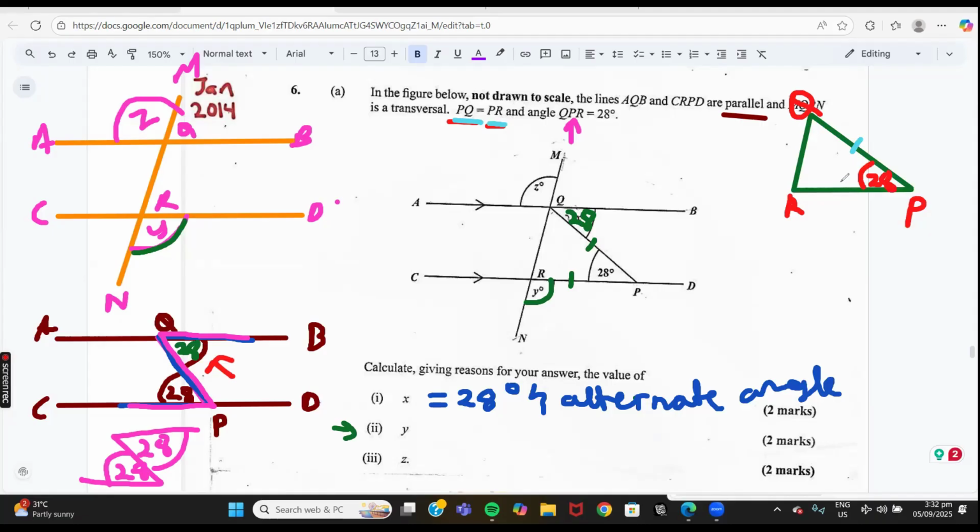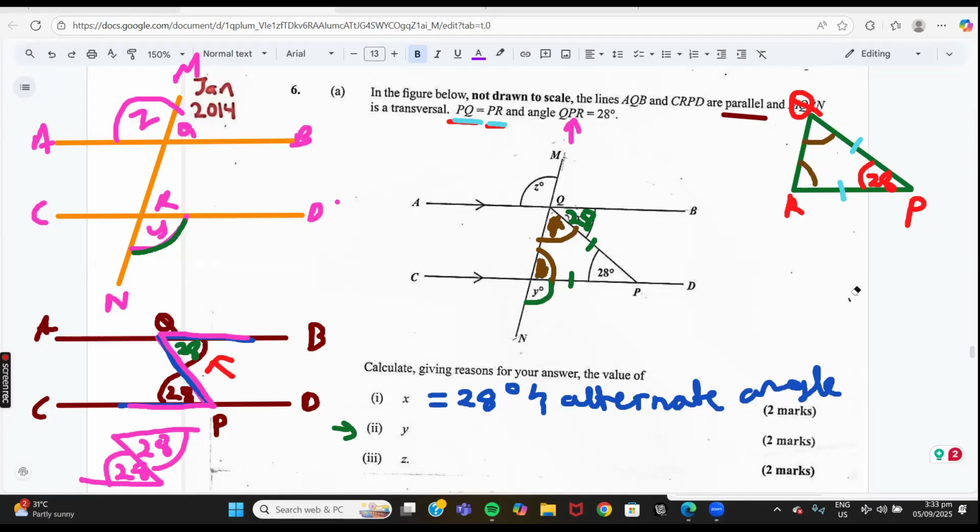So those are the two equal sides. Since we know the two equal sides, we need to identify where the two equal angles are. The two equal angles are normally opposite from the equal side. So if I draw a line from this equal side, one of the equal angles will be here. If I draw another line from that side, the other equal angle will be here. So this angle is going to be equal to this angle. Those are the two equal angles.